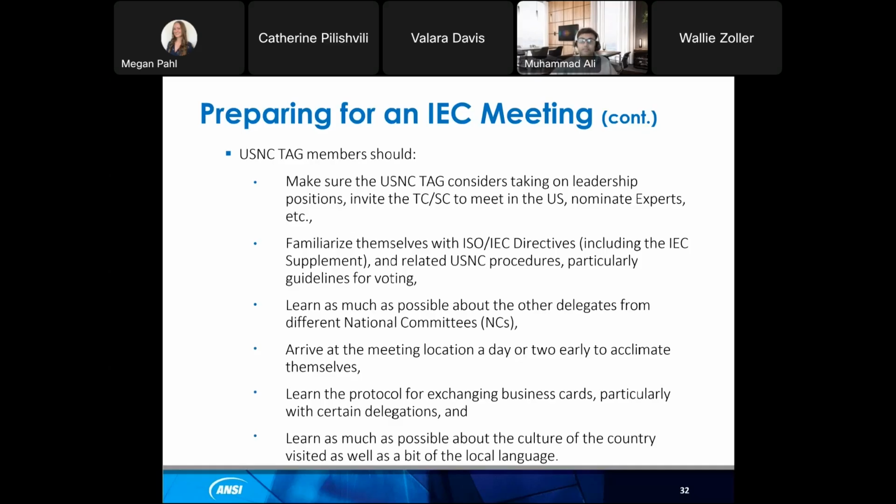Another important aspect of before the meeting, if you are serving as a US delegation, is arriving at the international meeting location a day or two earlier to get to know the location itself and how to get to the meeting location, and to get to know delegates.